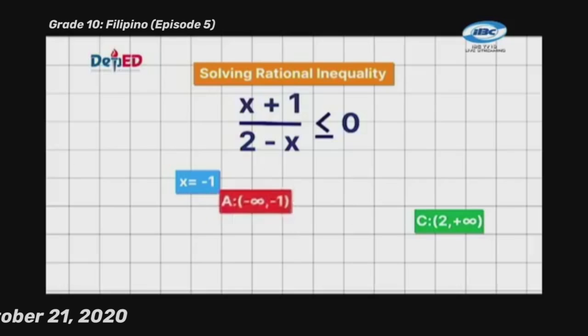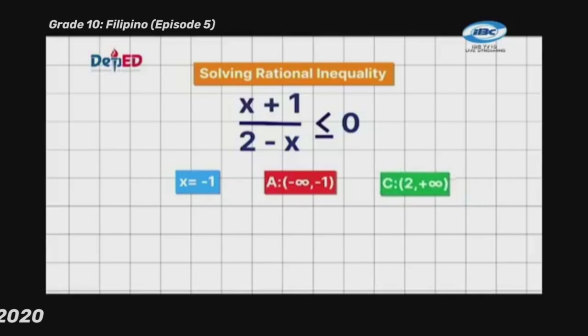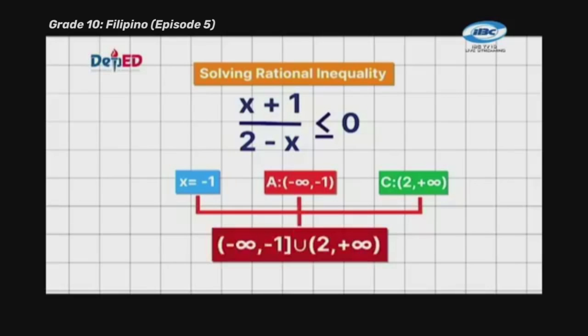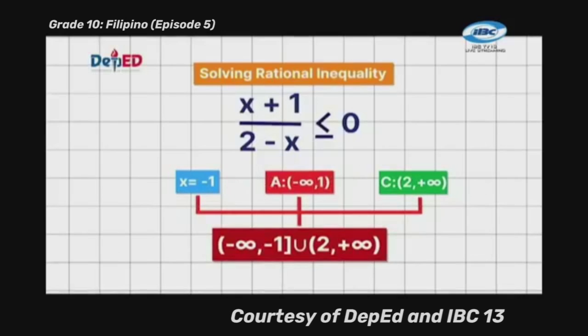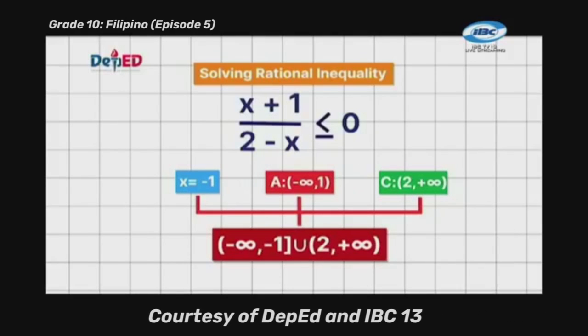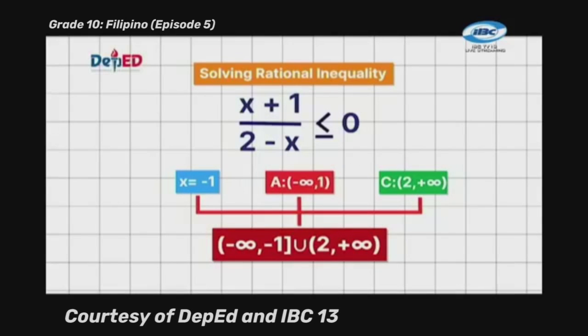We then combine all the solutions for the inequality x plus 1 all over 2 minus x is less than or equal to 0. In the critical numbers, x equals negative 1 and x equals 2, only negative 1 is a solution. In the intervals A, B, and C, only A and C are sets of solutions.